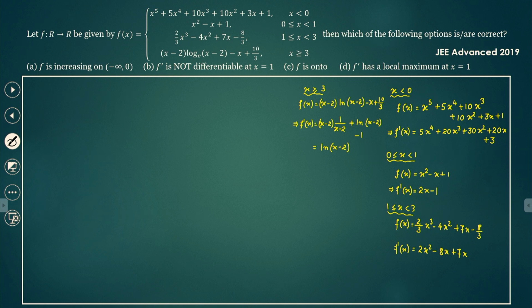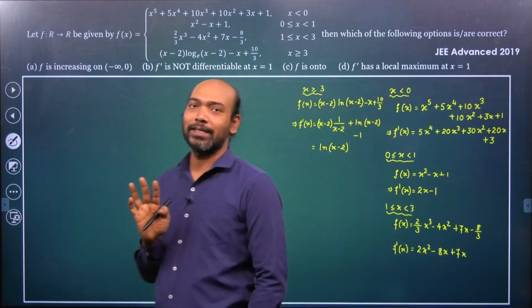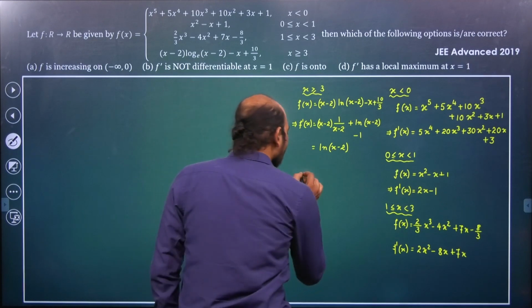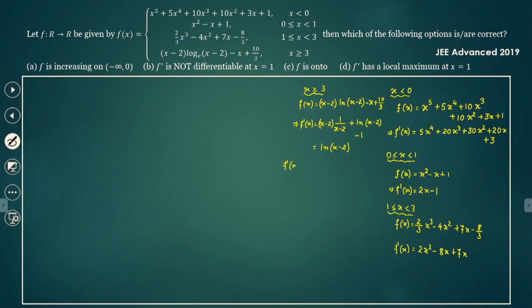So for all those options, we are able to evaluate the function f dash x. Just recollecting all that information, we can see that f dash x is defined in this form of 5x cube and all that stuff between that interval. So let's write it down in a proper way.